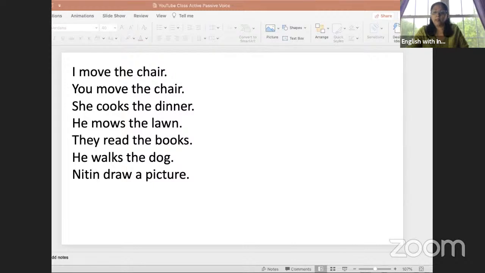Ashwini, the books are read by them. Ashwini, you missed that part. Because they, them, okay? He is a pronoun. He, him, she, her, you, they, them, it, its.